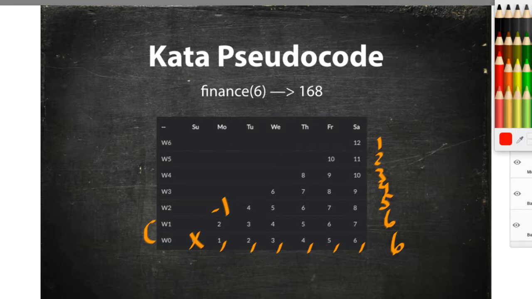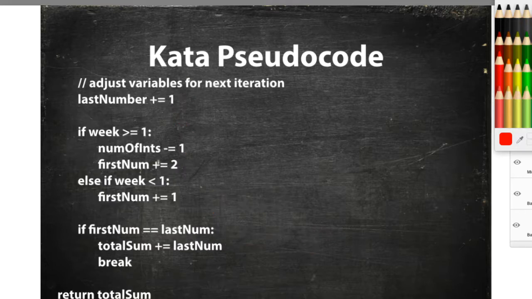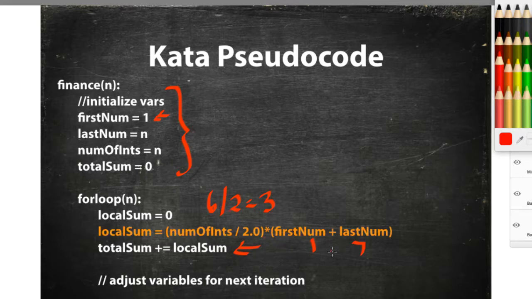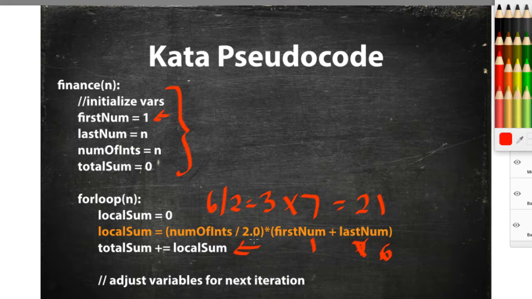One and a 6. Yeah. Then we add the first and the last number, which is 7. 1 plus 6 is 7. We'll multiply 3 times 7, and that gives us 21, which is what we had on the first week.